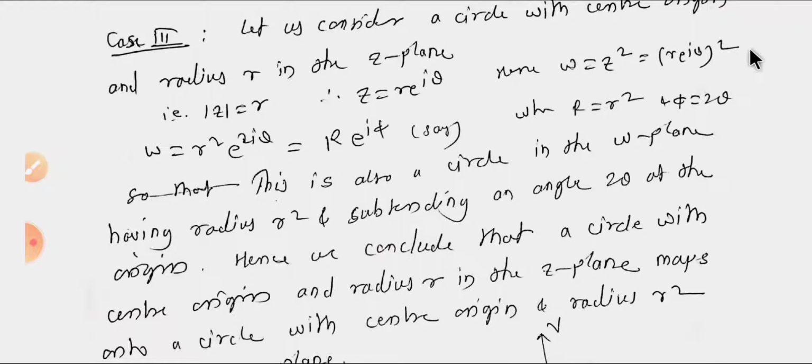So (r e raised to i theta) whole square is nothing but r square e raised to 2i theta, or we write R e raised to i phi, where capital R is equal to r square and phi is nothing but 2 theta. So this is also a circle in the w plane having radius r square and subtending an angle 2 theta at the origin.